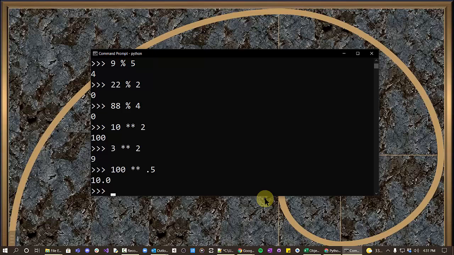So those are our fundamental arithmetic operators.